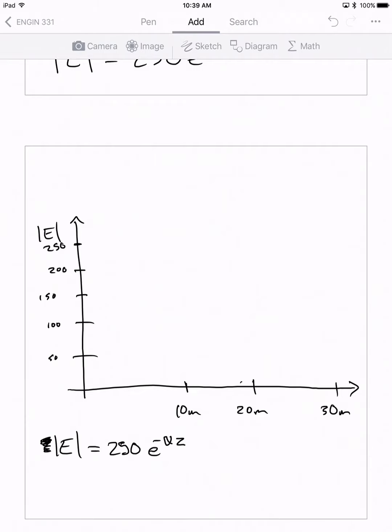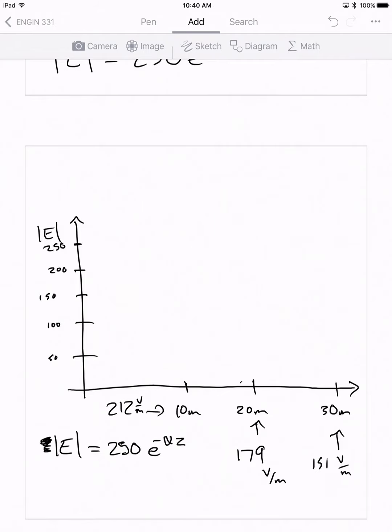And the numbers that we're going to get here: at 30, we're going to get 151 volts per meter. At 20, we're going to get 179 volts per meter, approximately. And at 10, we're going to get about 212 volts per meter.